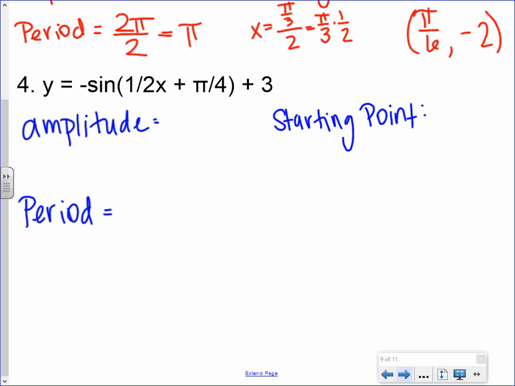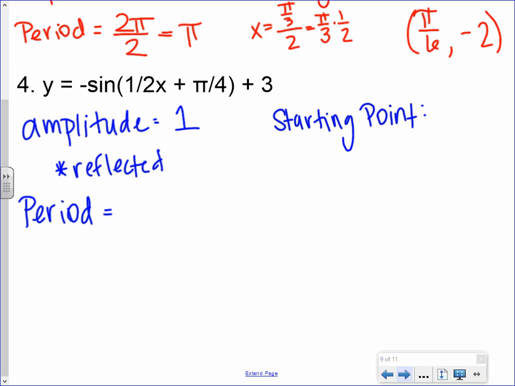Okay, our amplitude, Chad, what would it be? 1. Very good. Okay, I do notice that there is a negative. Thank you, Chad, for not saying -1. So our amplitude's +1. Since there is a negative out in front, we do need to keep in mind that we will have a reflected sine graph.